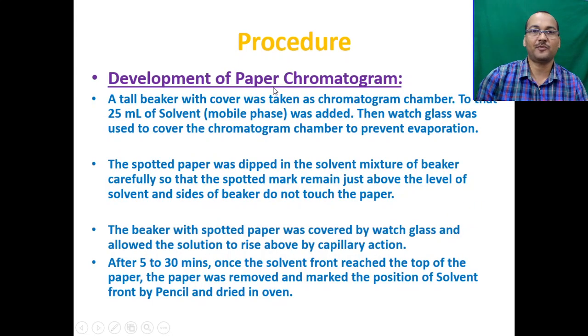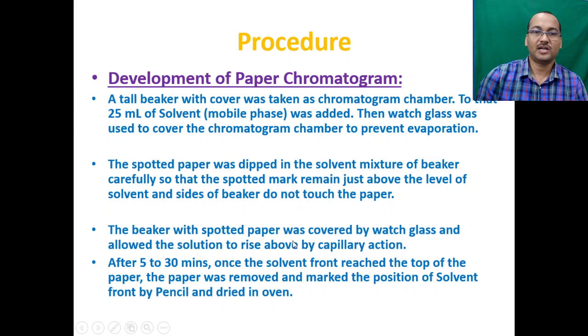Then development of the paper chromatogram. A tall beaker with a cover was taken as the chromatogram chamber. To that, 25 ml of solvent mobile phase was added. Then a watch glass was used to cover the chromatogram chamber to prevent evaporation. The spotted paper was dipped in the solvent mixture in the beaker carefully so that the spotted mark remains just above the level of solvent and the sides of the beaker do not touch the paper.